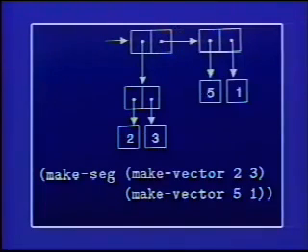And then the car, that itself is a pair of 2 and 3. And similarly, the cdr is a pair of 5 and 1. And let me remind you again that a lot of people have some idea that if I'd taken this arrow and somehow written it to point down, that would mean something else. That's irrelevant. It's only how these are connected and not whether this arrow happens to go vertically or horizontally.